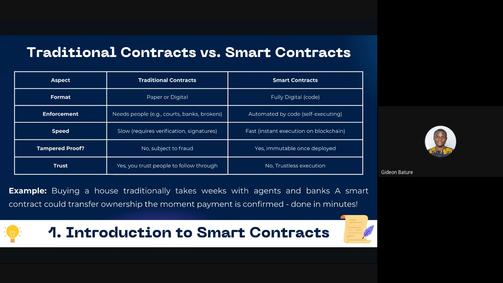So for enforcement, for your traditional contract, you need people to help you enforce it. For instance, if you want to buy a house or a property, you need to bring in witnesses who will confirm that the person selling the land is actually the owner. That's from the buyer's side. And then the seller has to bring his own witness who will say, truly, I was there when he was getting this land.